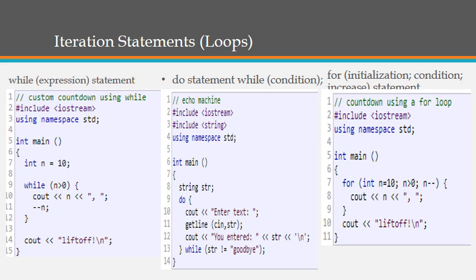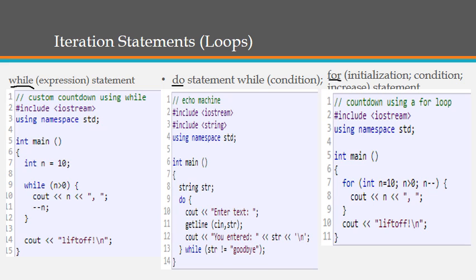Other statements that we will look at are loops or iteration statements. Loops repeat a statement a certain number of times or while a condition is being met. They are introduced by the keywords while, do, and for.